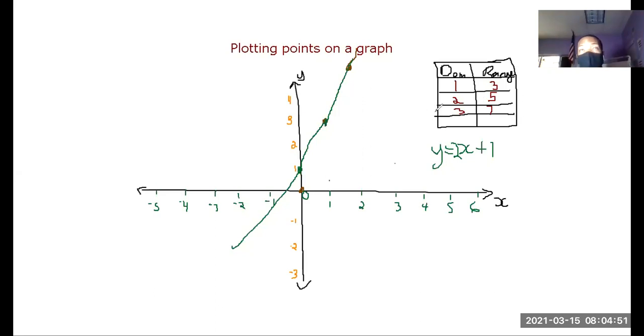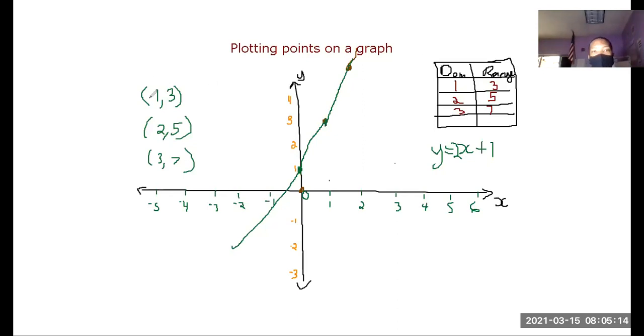Sometimes these numbers that I have in my table could be represented in point form. So it doesn't have to be in a table. It could be like this as well.